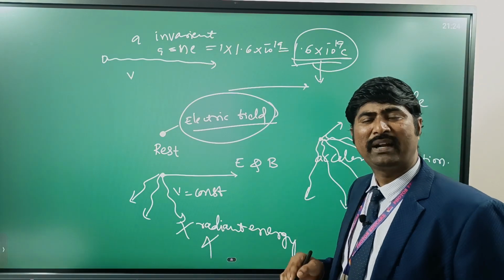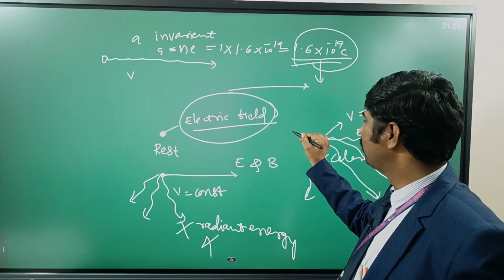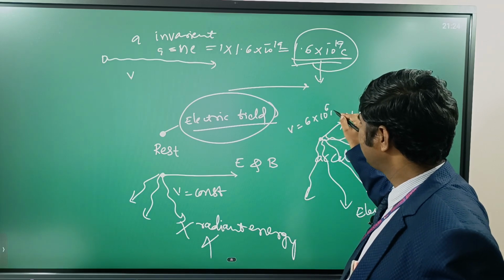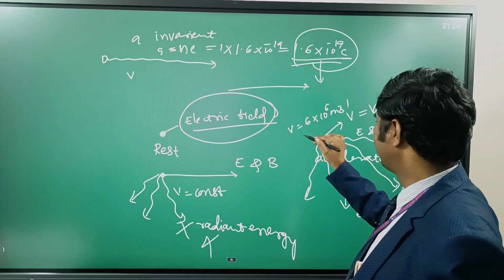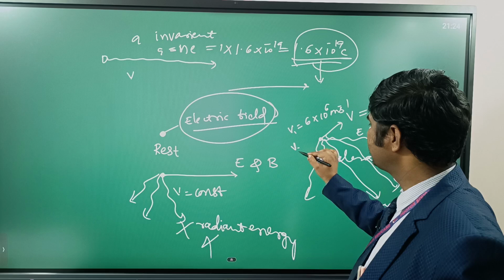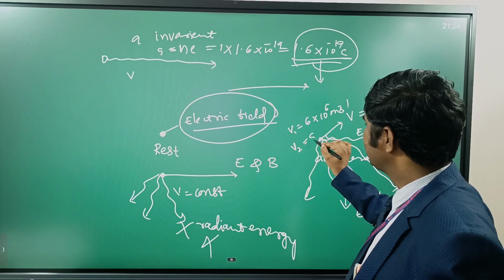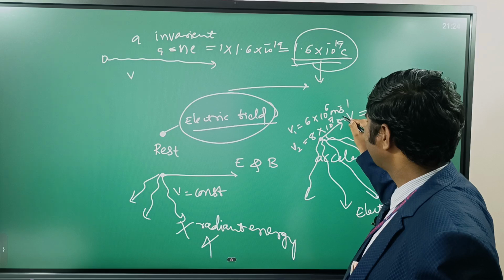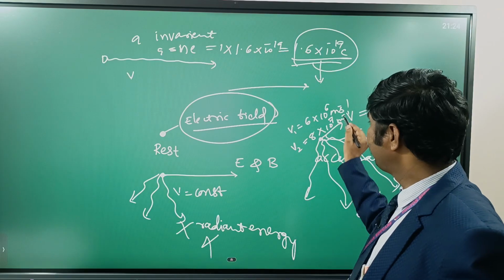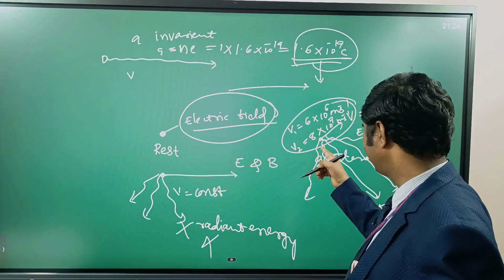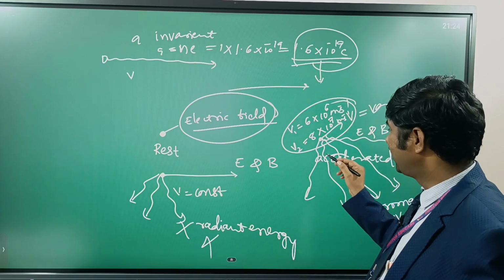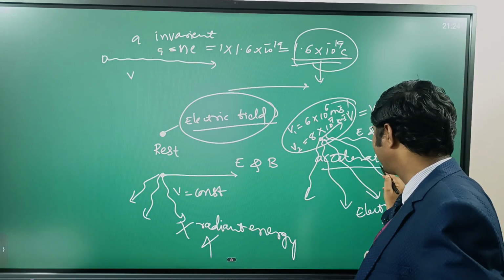So when this charged particle, for example, is moving with certain velocity, 6 into 10 power 6 meter per second initially, and later, after certain intervals of time, its velocity has changed to 8 into 10 power 7 meter per second. Clear? So when the velocity of the charged particle or electron is changing, definitely this electron is associated with acceleration.